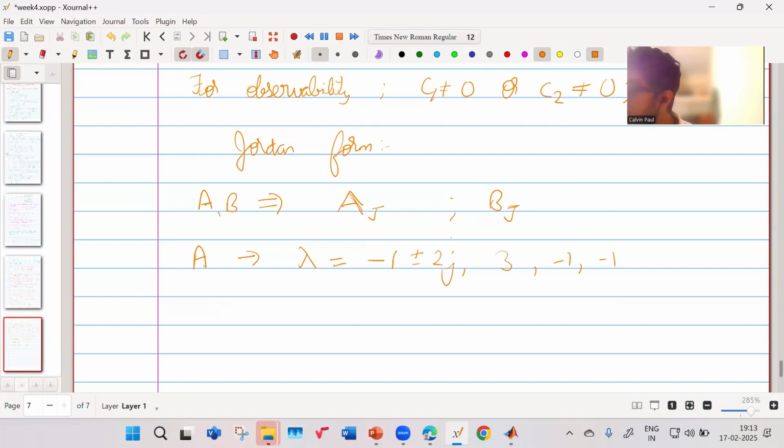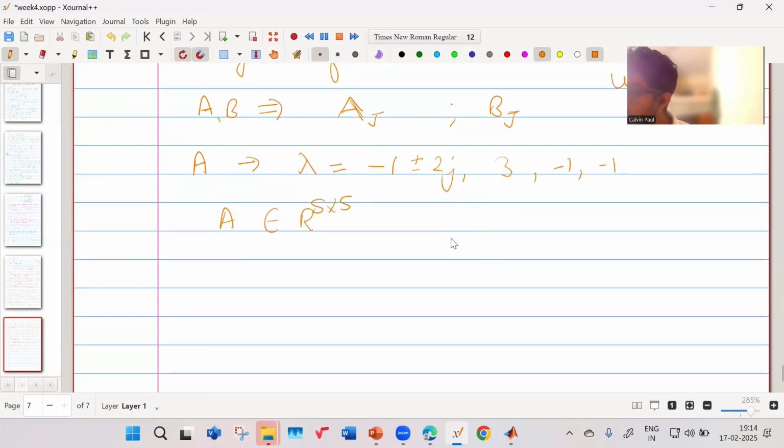So how many eigenvalues does it have? 2, 3, 4, 5. So A is a 5 cross 5 matrix, right? And for simplicity, let us consider there's only a single U.